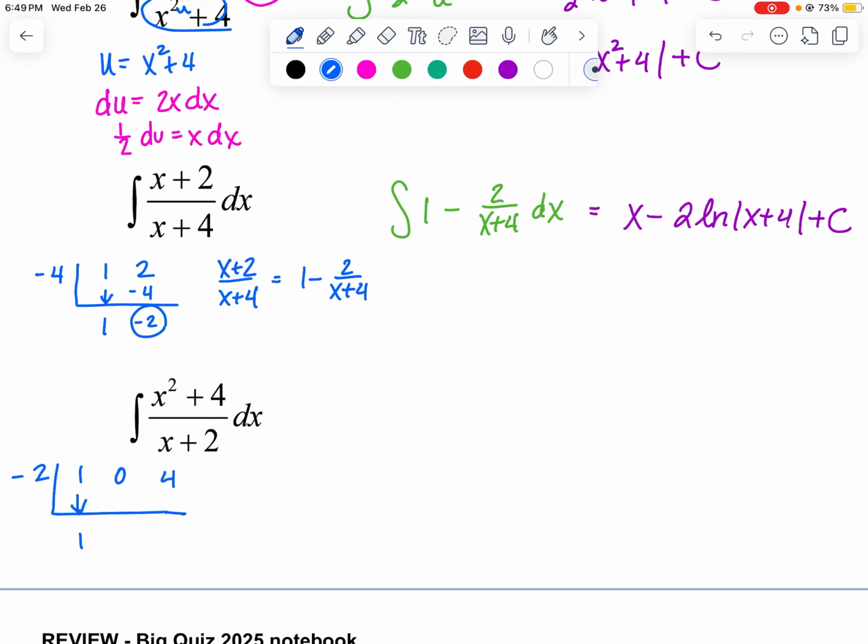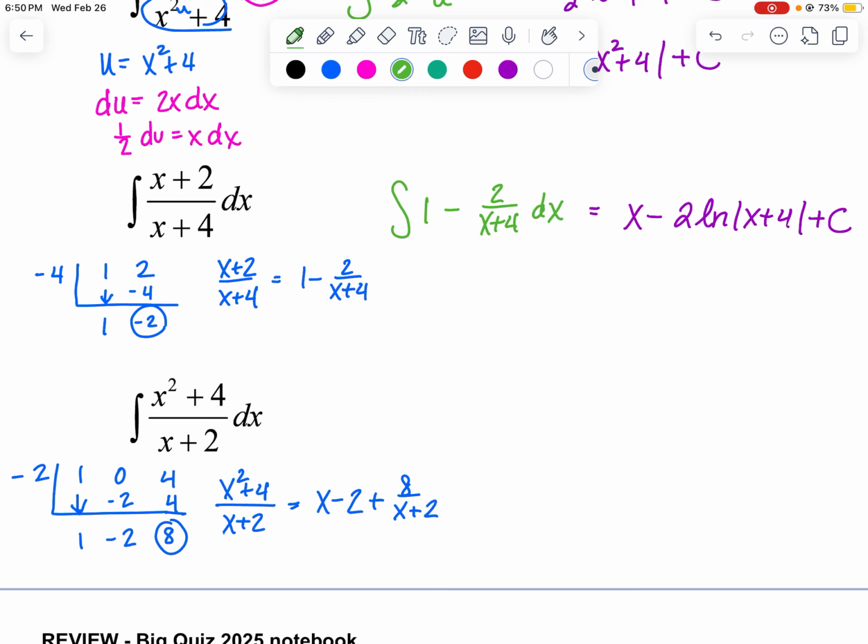Drop the 1. Multiply -2 times 1 is -2. Add down to get -2. Multiply to get 4. Add down to get 8. So x squared plus 4 divided by x plus 2 is x minus 2 plus that remainder of 8 over x plus 2.